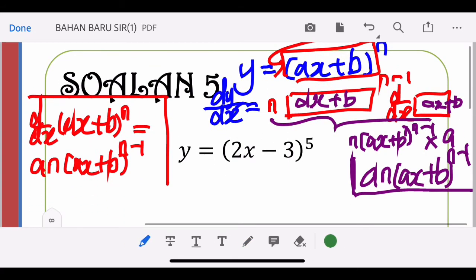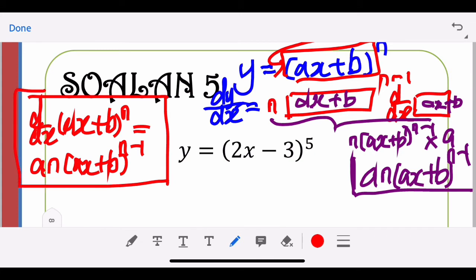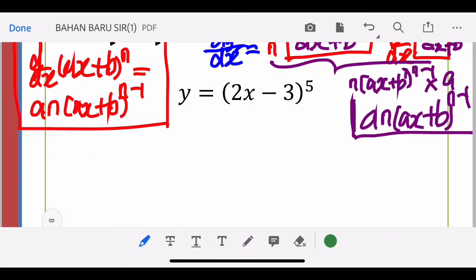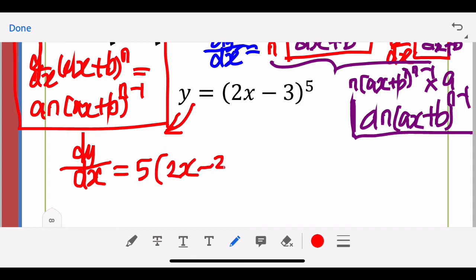y is equal to (2x minus 3) to the power of 5. So how do you find dy/dx? Let's write dy/dx is equal to 5 times (2x minus 3) to the power of 5 minus 1. Don't forget you have to differentiate 2x minus 3.